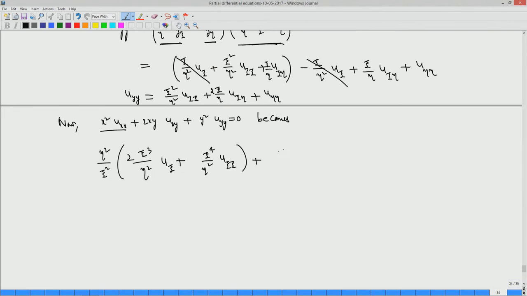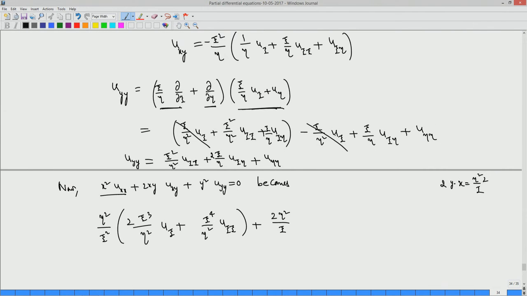Now, plus 2 times what is my x? X is eta by xi, y is eta. So, you have eta square by xi, that is my 2 x y into u x y. So, you have found what is my u x y. U x y is this, that minus comes here and you have a xi square by eta.